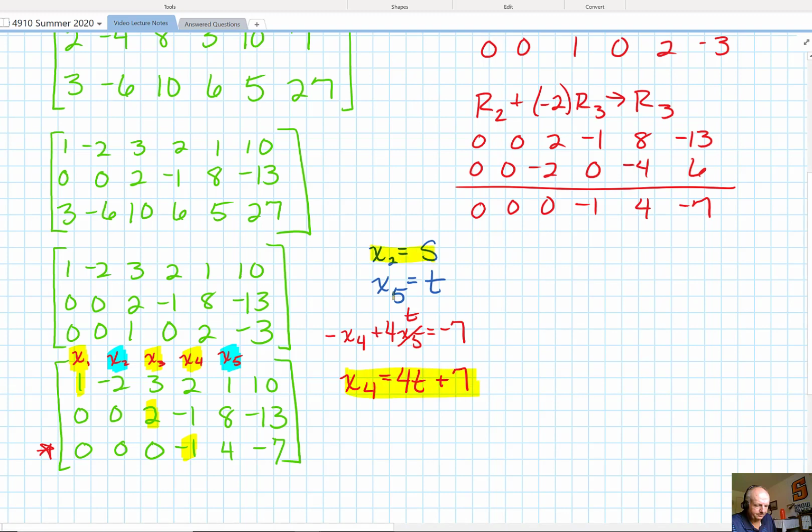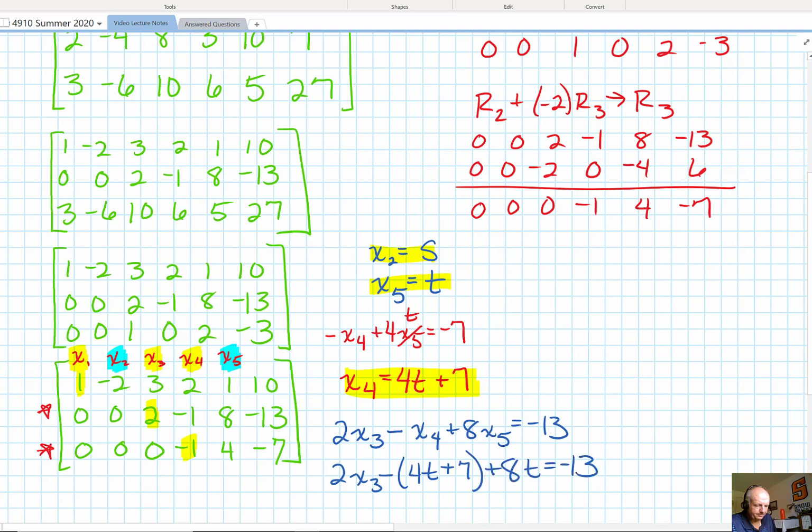We've got x sub 2 is s, x sub 5 is t, x sub 4 is 4t plus 7. To find the others, you just move up. Let's put it in blue. That equation is 2x sub 3 minus x sub 4 plus 8x sub 5 equals negative 13. We know x sub 4 is 4t plus 7 and x sub 5 is just t.